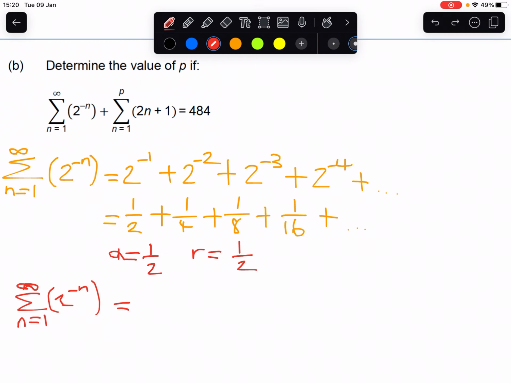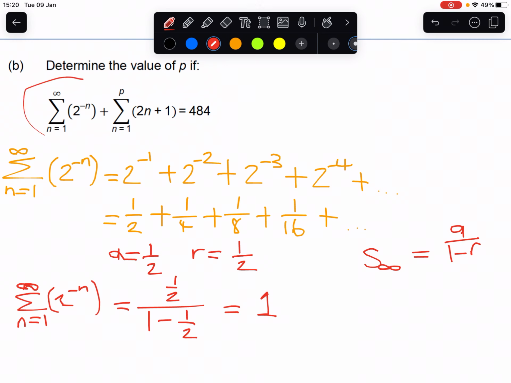For a geometric series, the sum to infinity is equal to A divided by 1 minus R. So A, we said, is a half, and we have 1 minus a half, so that ends up being 1. Nice. So that term just simplifies to 1.